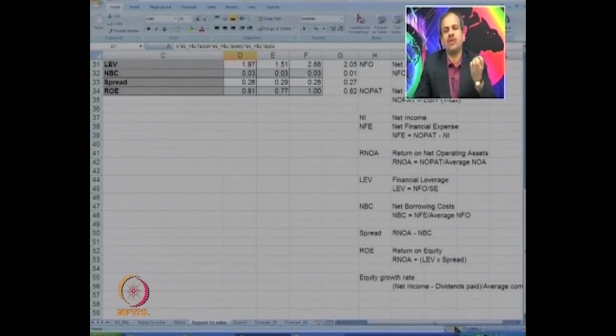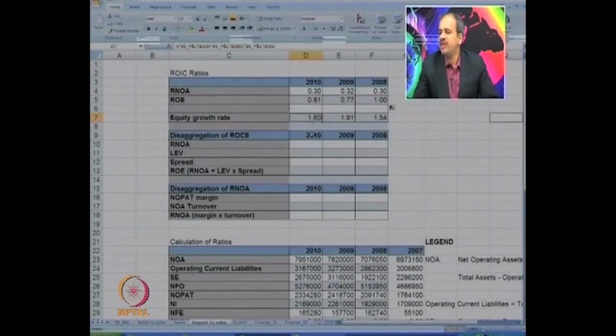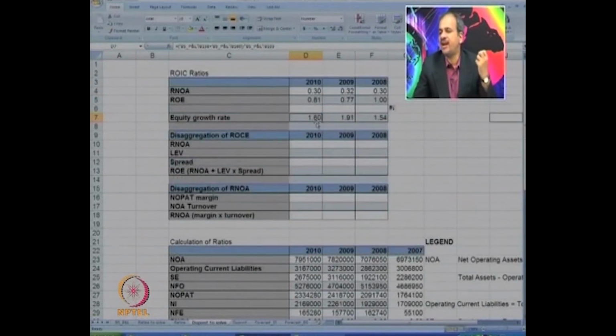What we are doing in equity growth rate is, we pick up the net income minus the dividend and divide it by the average common equity. We have this average common equity and the other figures from the balance sheet from where I have picked up. Equity growth rate was 1.54 in 2008, it slightly increased and now it has again gone down to 1.60.